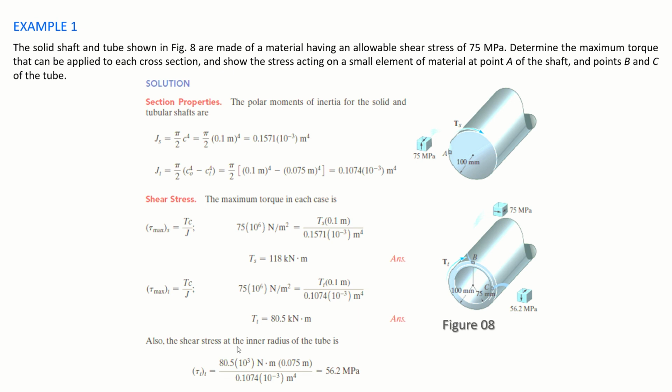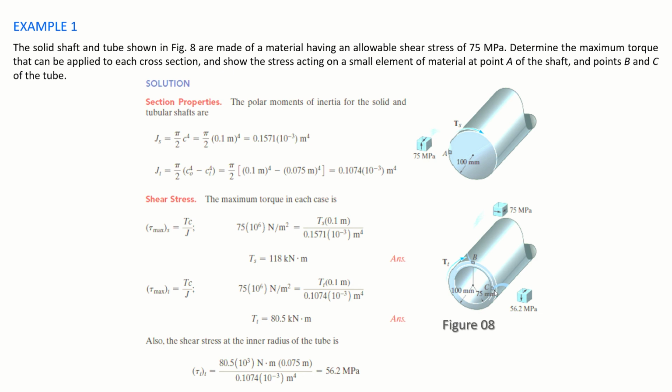Also, the shear stress at the inner radius of the tube is, this is the value of torque, this is the value of its inner radius, and this is the value of its polar moment of inertia. So at the outer radius it is 80.5, and at the inner radius it is 56.2.